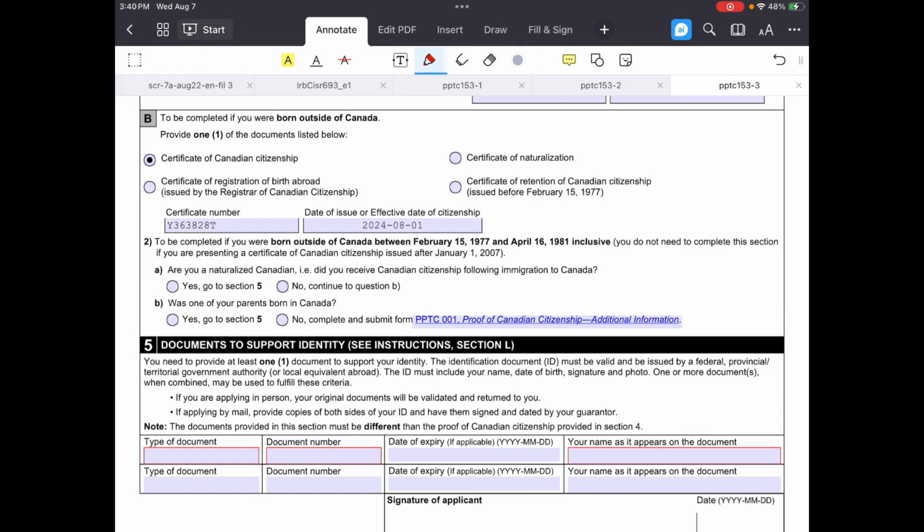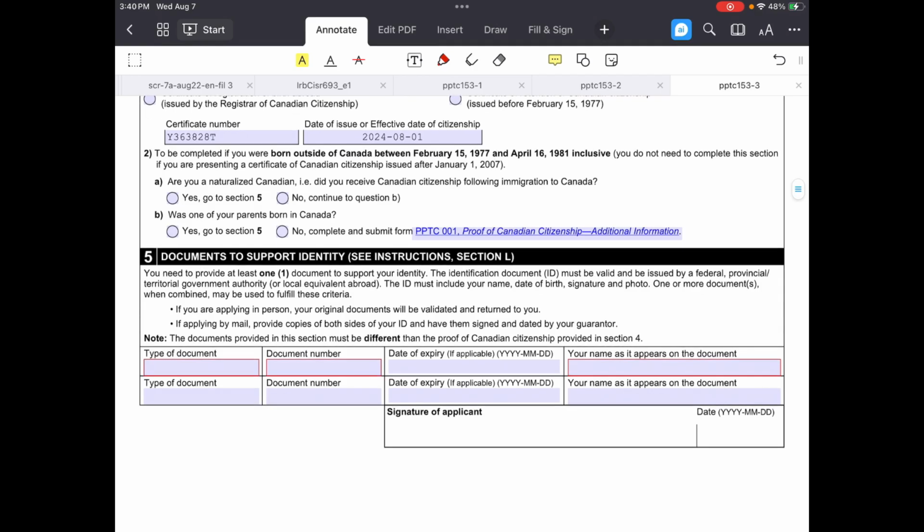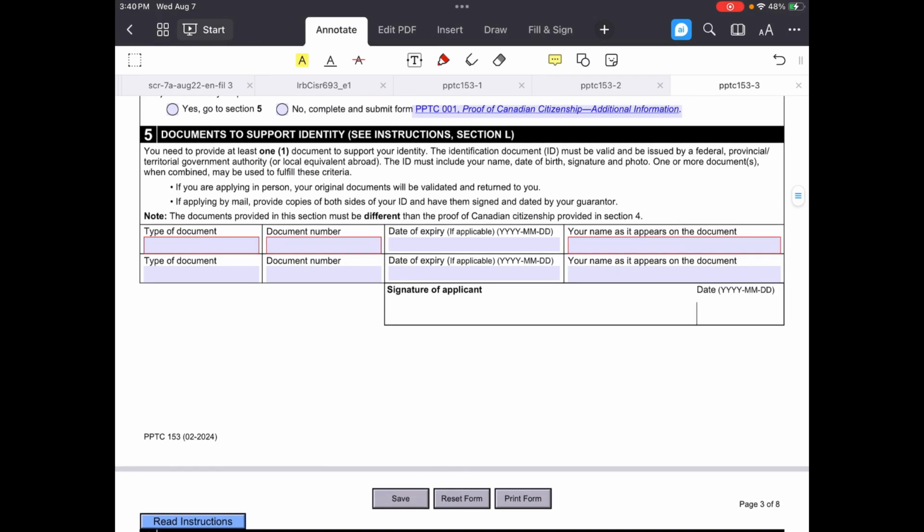All right, so we're gonna move on to the next section, section 5. Section number 5 is very, very easy. It's asking for the type of document that you are willing to show when you are applying for your Canadian citizenship. It can be your health card and it can be your driver license.